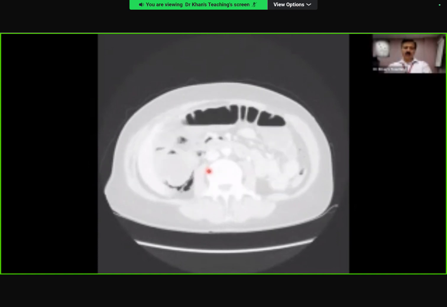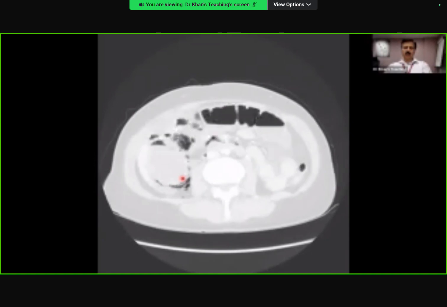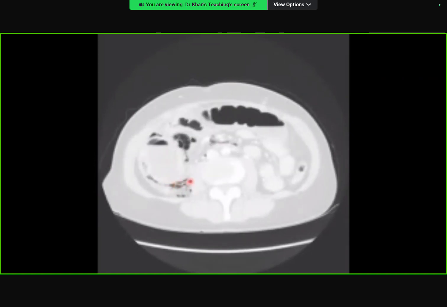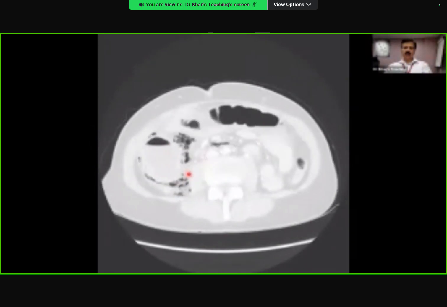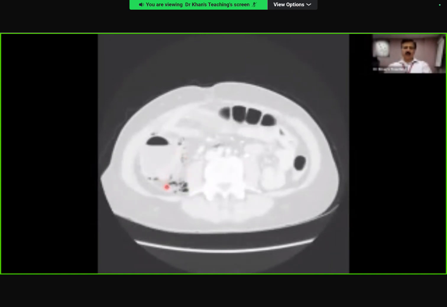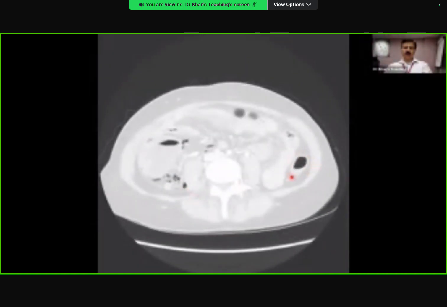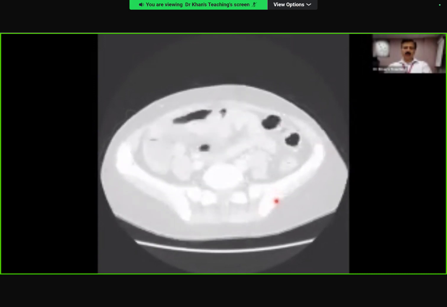Another concept which I wanted to show you. You remember that I told you that a portion of the ascending and a portion of the descending colon is in the retroperitoneum. So here is the proof that a portion of this ascending colon is outlined by the gas here. So gas bubbles are going, and similarly, if there were gas here, it would have outlined.